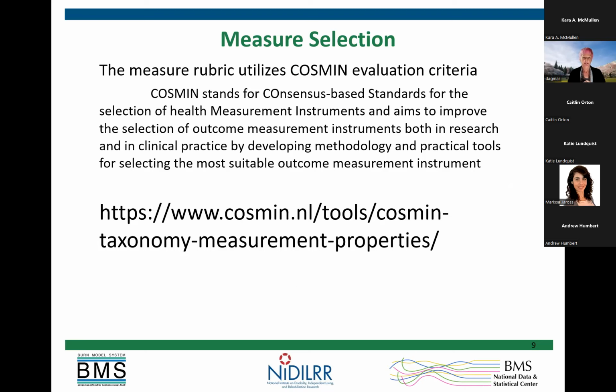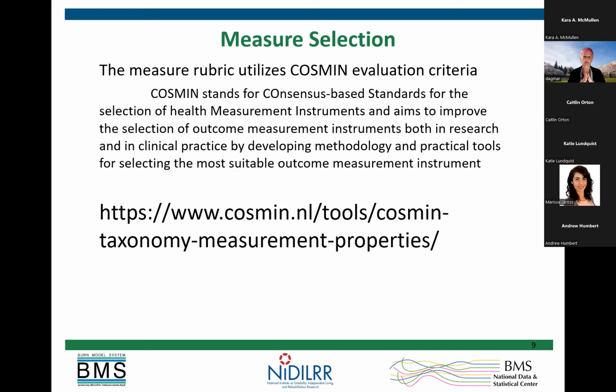So how do we select measures? Measure selection is a fairly involved and somewhat complicated process. In general, we follow the COSMIN evaluation criteria. These are criteria based on scientific recommendations. They are well described, and if you're interested in those, here is the URL. You can look at them.